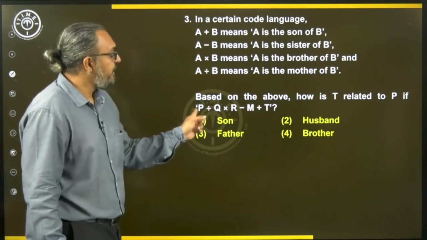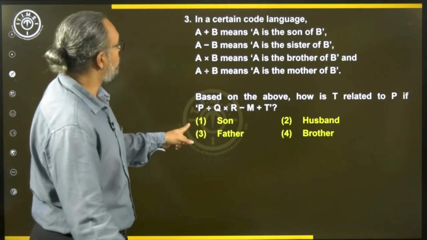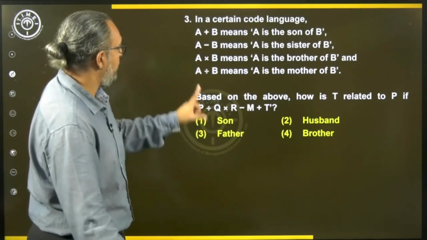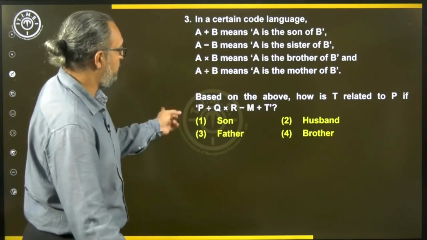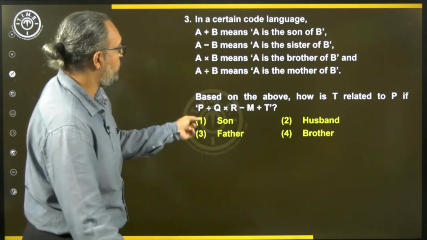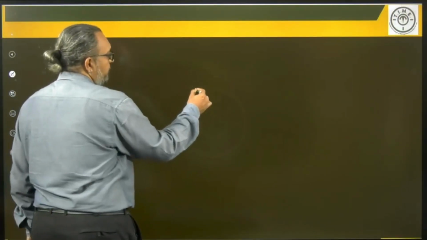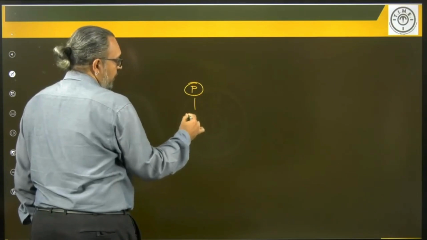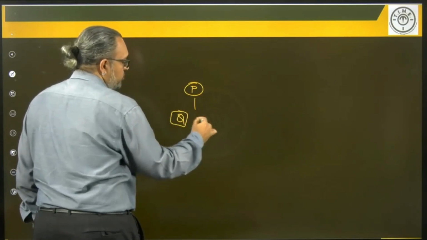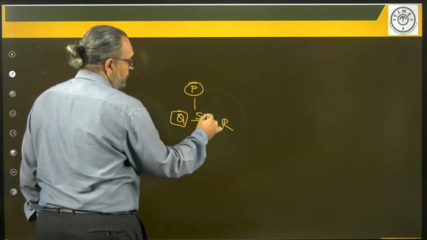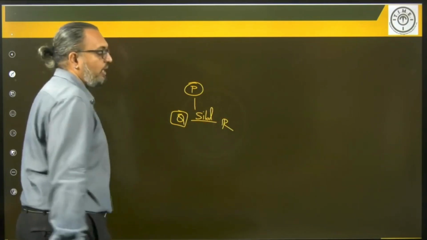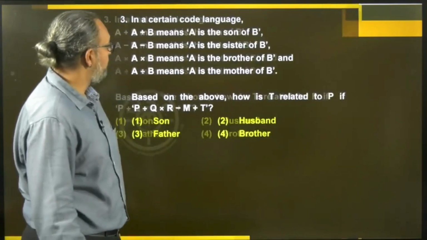So here we have P divided by Q into R. Divided by is mother, into is brother. So P is the mother of Q and Q is the brother of R. So P is a mother to both Q and R. Then what else we have?